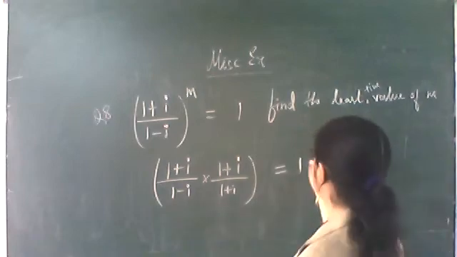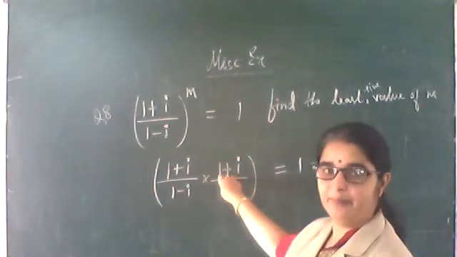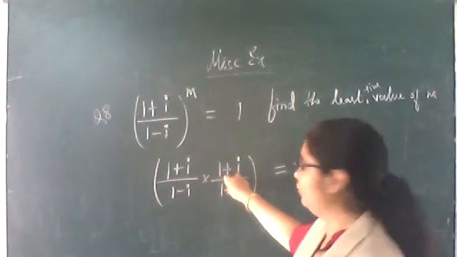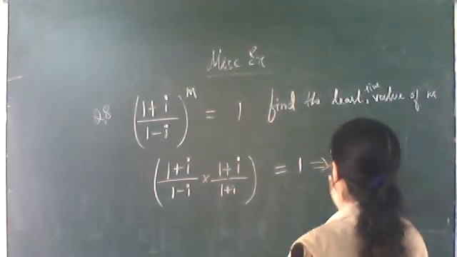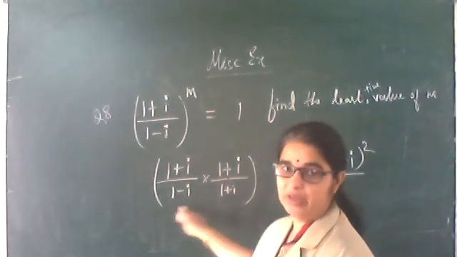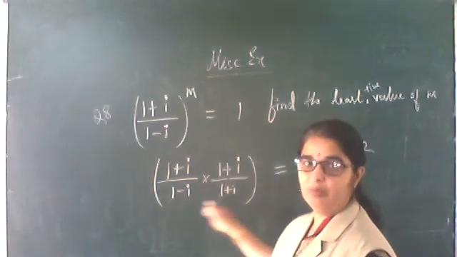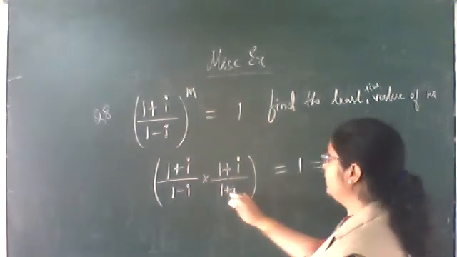Now just see, this implies (a plus b) whole square. So you know that 1 plus iota whole square divided by what you will have? 1 minus iota into 1 plus iota, a minus b into a plus b, a square minus b square. So a square is what? 1. b square is what?